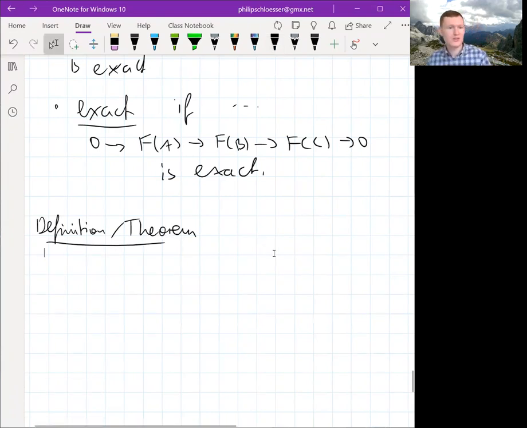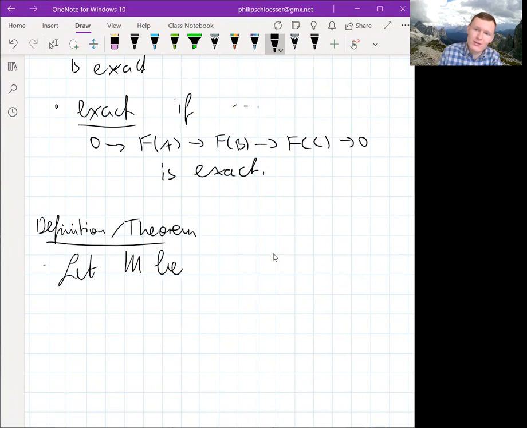Now for our definition / theorem of derived functors. So let M be an R-module, and let F be a right exact functor.